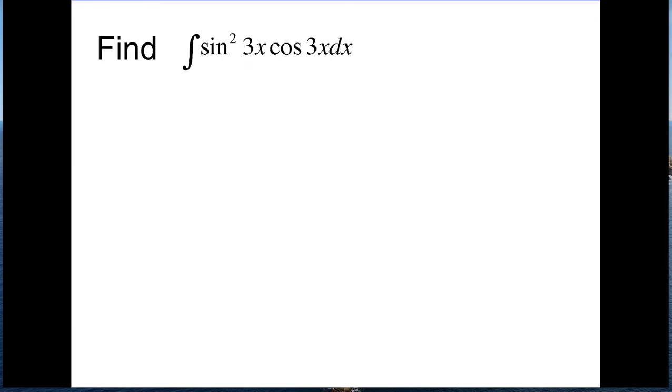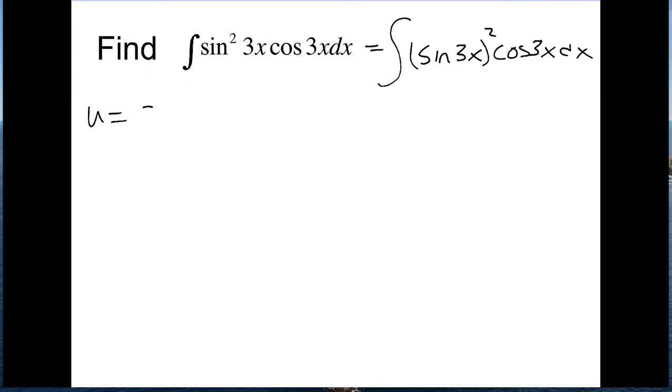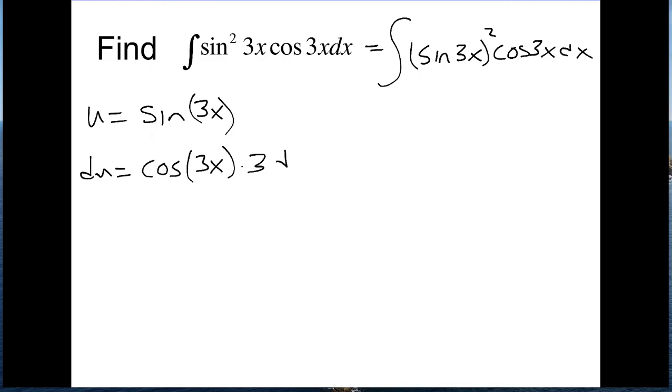All right, so remember that this one is really the sine of 3x squared times the cosine of 3x dx. So if I make u equal to the sine of 3x, that means du is cosine 3x times 3 dx because of the chain rule.